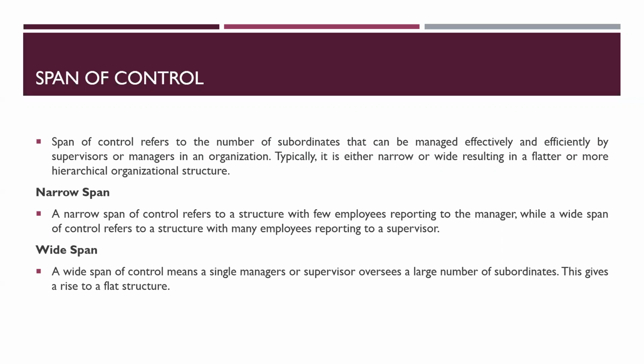So there won't be close supervision, because one person can't manage all the people's operations. So in a narrow span of control, close supervision is there; in a wider span of control, there is no close supervision.